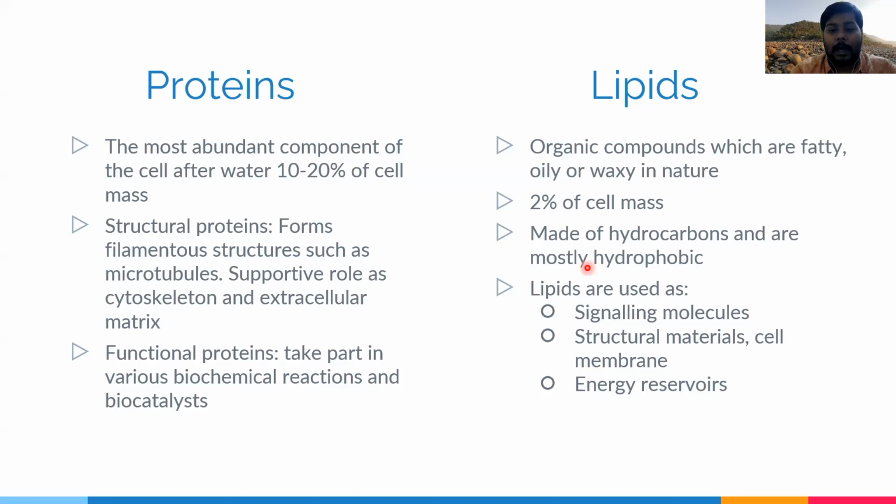Most of the lipids are essentially made of hydrocarbons and are mostly hydrophobic in nature. Lipids have huge use in the cell and act as signaling molecules, structural materials of the cell membrane, as well as energy reservoirs for the cell.